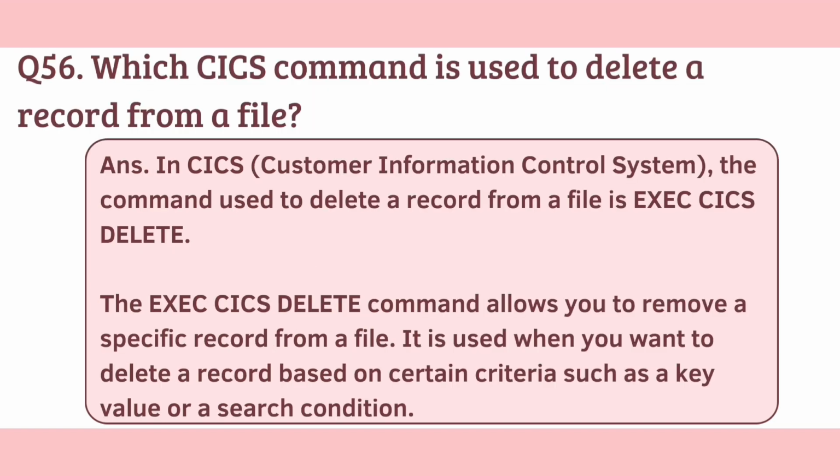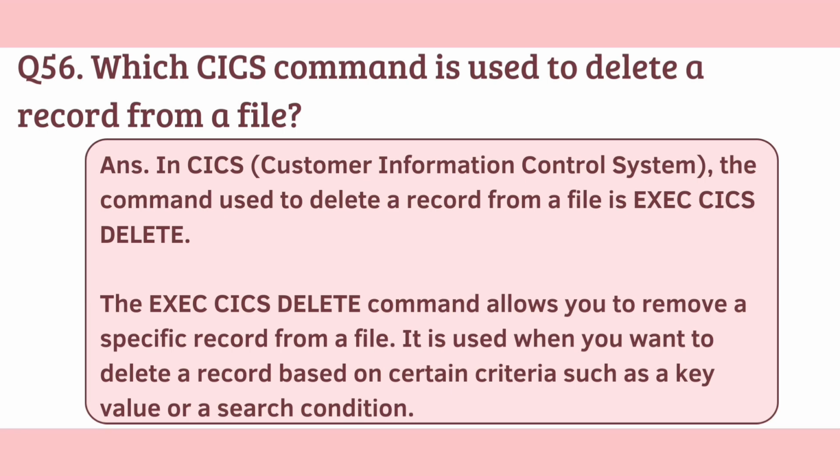Moving to question number 56. Which CICS command is used to delete a record from a file? In CICS, the command used to delete a record from a file is EXEC CICS DELETE. The delete command allows you to remove a specific record from a file.